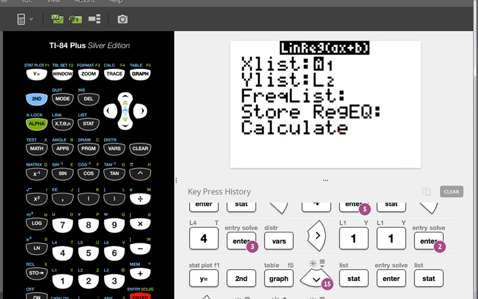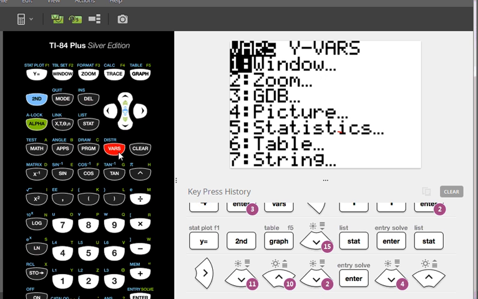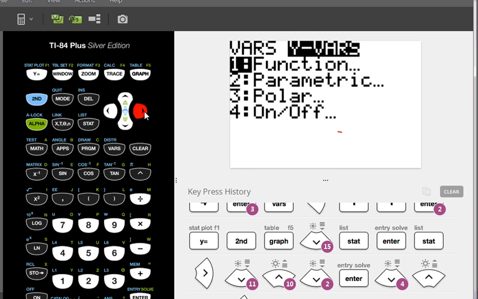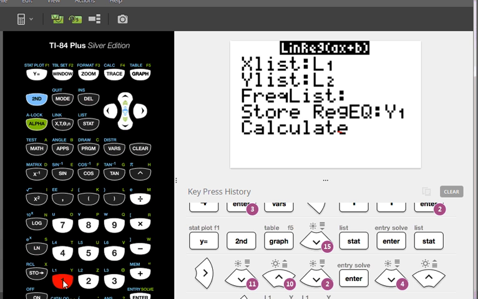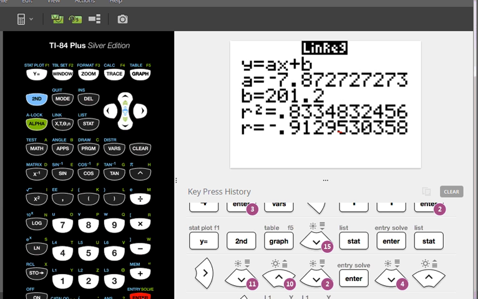Okay, I'm going to store it into my variable. So Vars, to the right, 1 and 1. Go down, hit calculate. I've got a new equation in there.